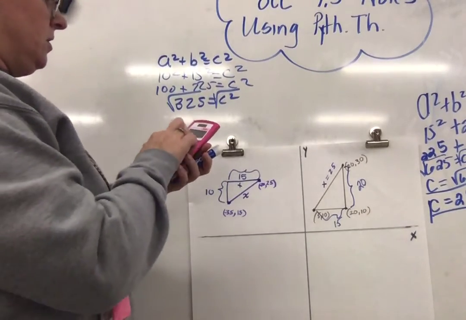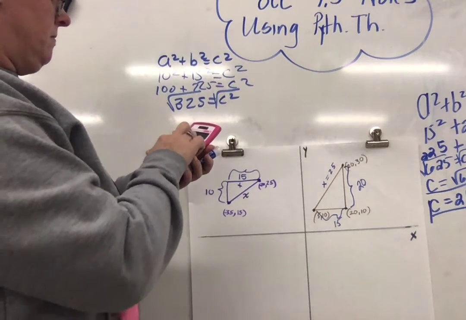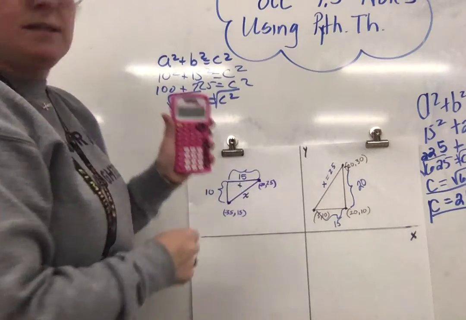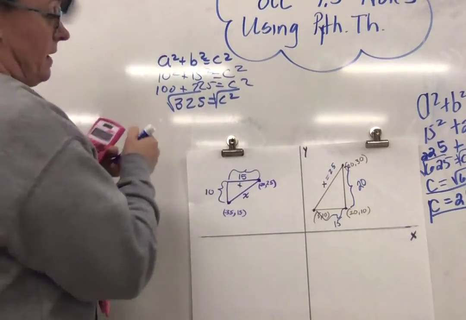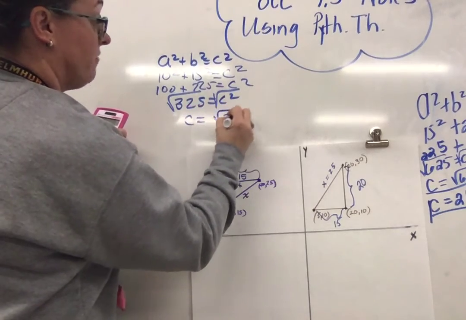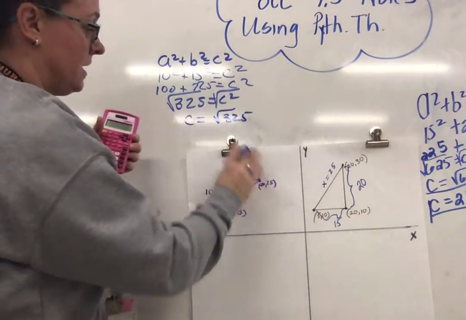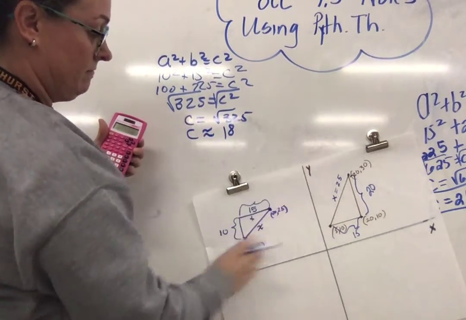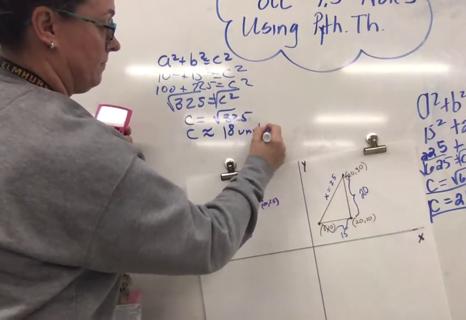So then I'm going to do the square root button and say 325. It is not a perfect square, so I'm going to use estimation. I can say c is the square root of 325 if I want it exact. Let's do an estimate of it. c is about 18 units, let's say that.